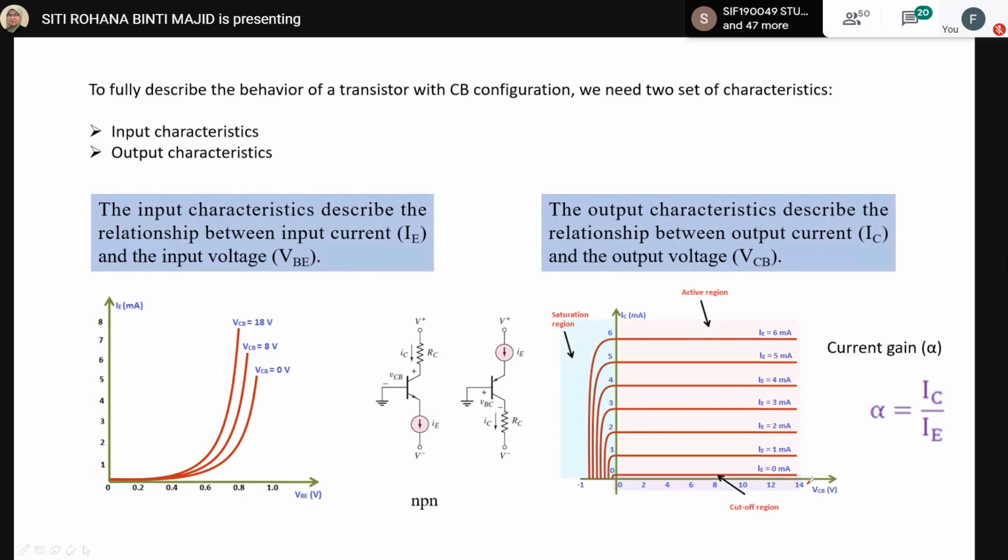In this configuration, IC depends on the IE current. So once IE changes, the IC level will change.